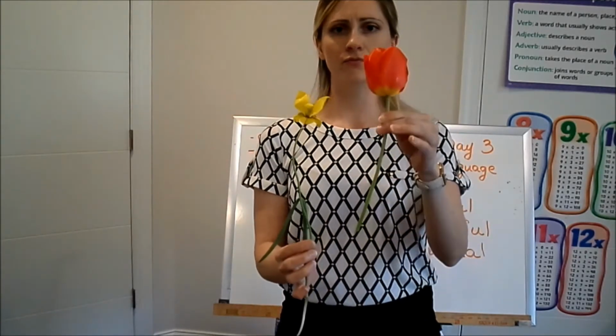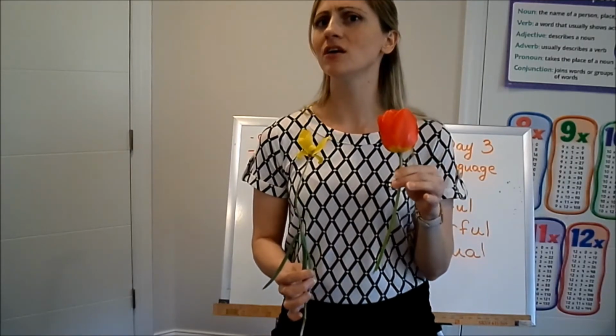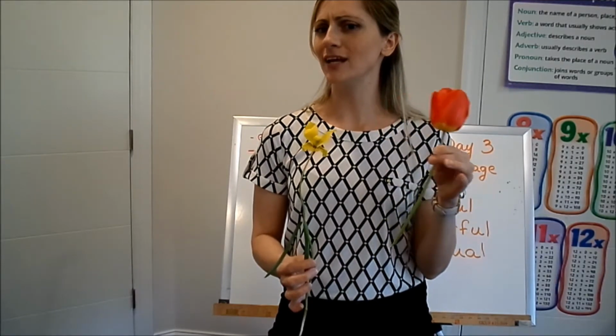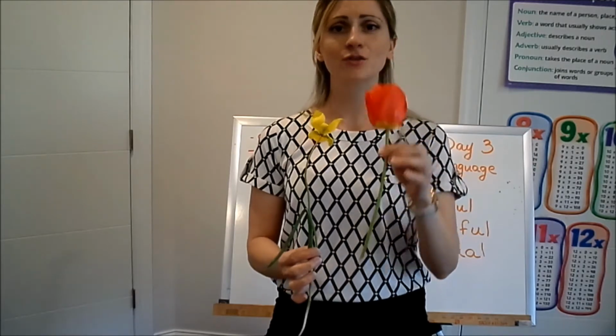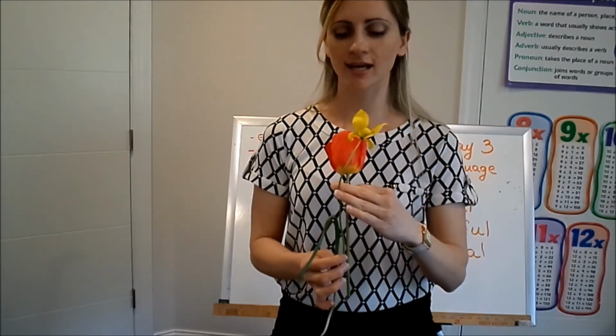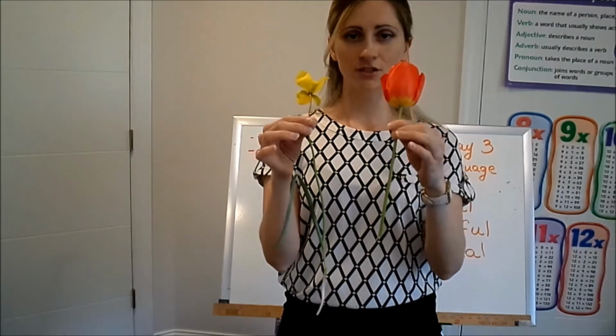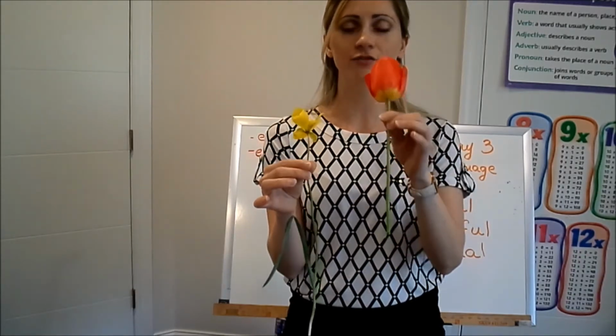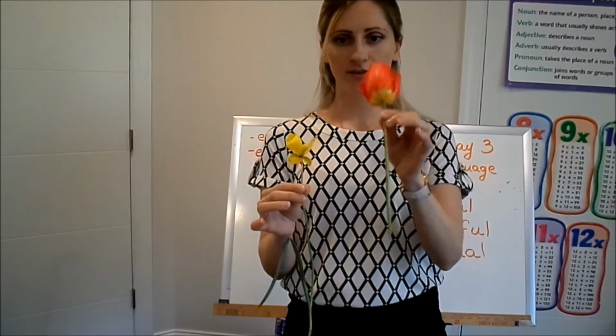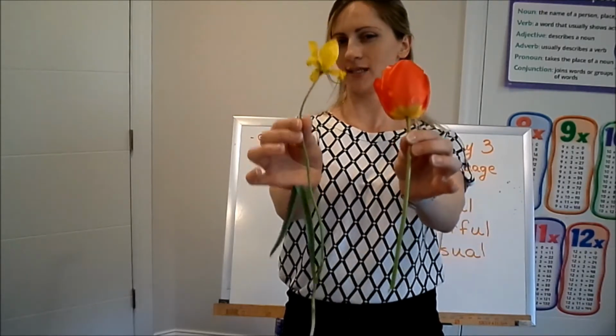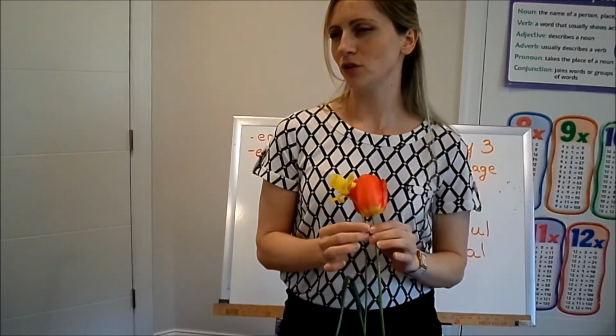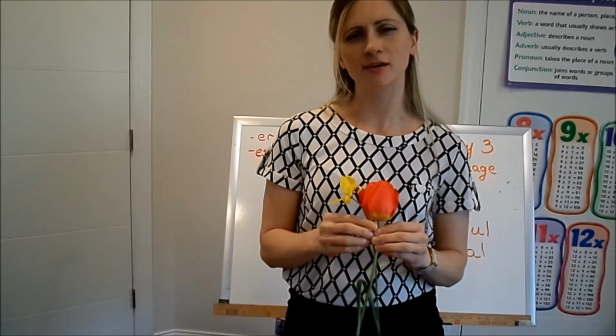Now, I think this flower is beautifuler, beautifulest. What would I do to the word beautiful to describe this flower here compared to this yellow one? What do you guys think? Beautifuler? That doesn't quite sound right, does it?